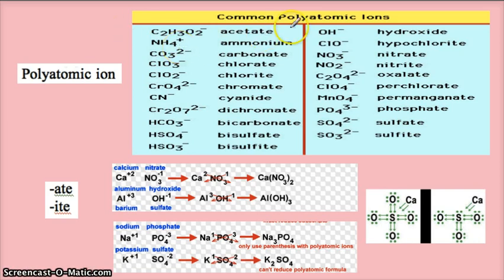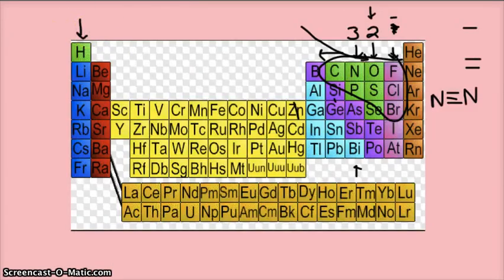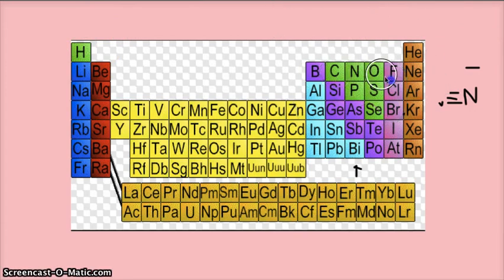So what you have here are common polyatomic ions. Let's see where these are. C, H, and O. Where are those on the periodic table? Yeah, these are nonmetals. That's a nonmetal. That's a nonmetal. That's a nonmetal. So when you get them together, they're acting covalently.